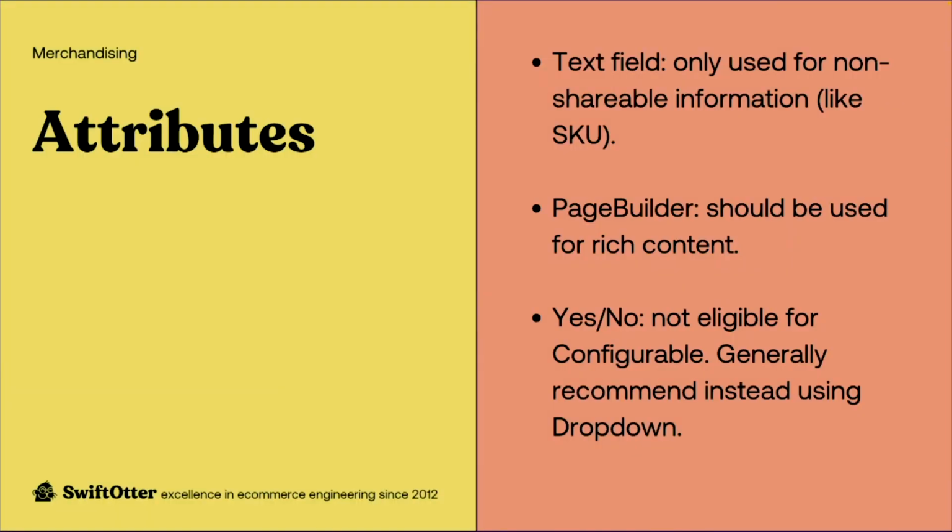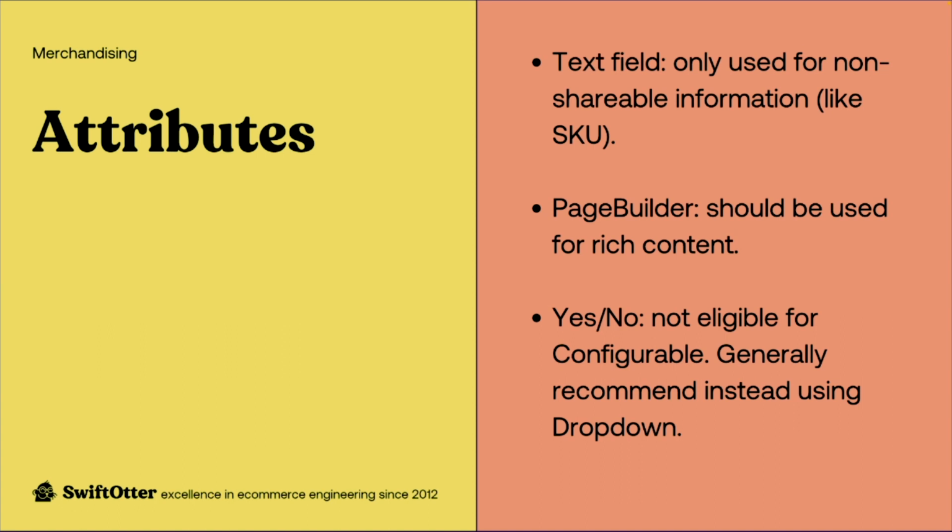So I suggest using text field for attributes that are only one-off, like a SKU, product name, or dimensional information. Honestly, the list I have in the description is about all I could think of as far as places to use a text entry. I'm still thinking about this, and I cannot think of any other option. So let's keep moving.